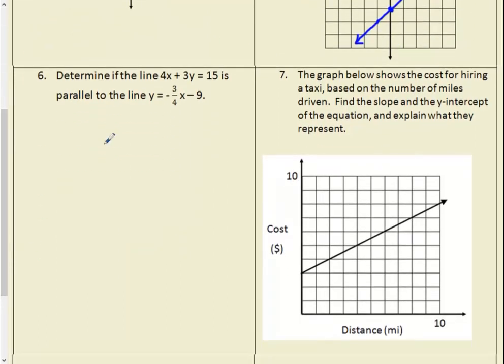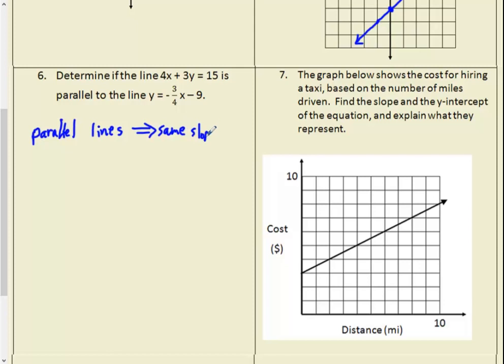Okay, number 6, determine if the line 4x plus 3y equals 15 is parallel to the line y equals negative 3/4 x minus 9. So parallel lines, as long as they're non-vertical, have the same slope. So that's what we have to test for.